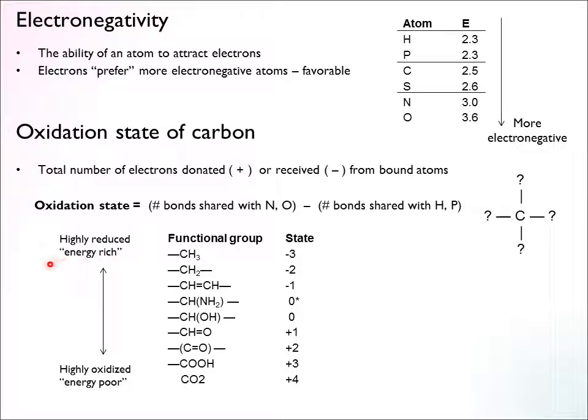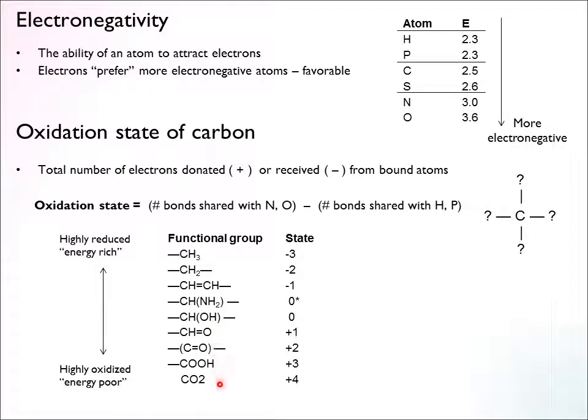And you can say that this is energy rich in a sense, because here there's a lot of potential to oxidize the carbon and extract a lot of energy. And then as you go down the list, you encounter functional groups that have fewer hydrogens bound, that have more nitrogens and especially more oxygens bound.